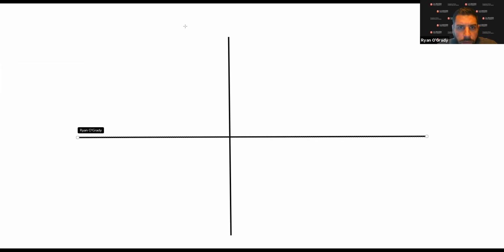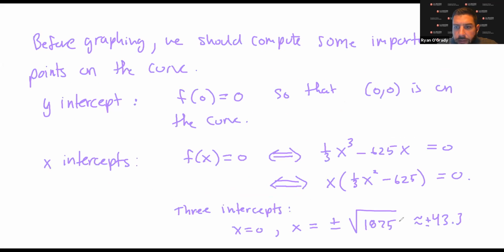So the first thing I'm going to do is mark down some important points. For example, I know that I cross the x-axis. So if you go back, I know I intersect the x-axis here. And if I go back 2 pages, I know that I also intersect roughly at 43 and negative 43.